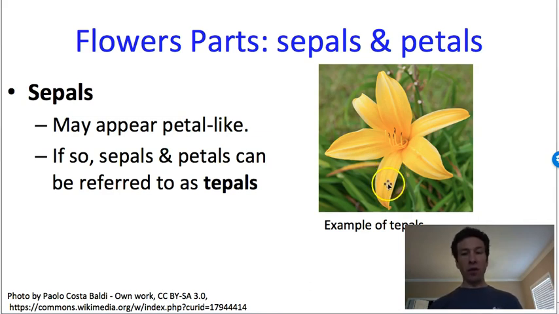In other words, they look like petals, or we could use the word petaloid. Either way, since the petals and sepals are similar, and they are serving a similar function, we're going to give them a new name in this case, and we can refer to them all as tepals.